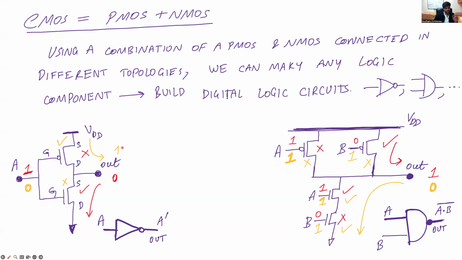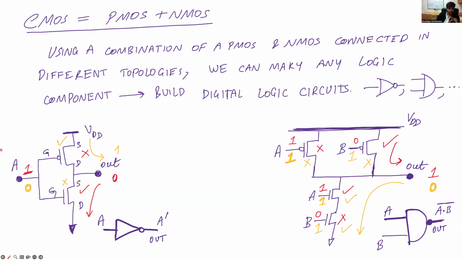For example, the red indicates a 1, a high input, and the 0 indicates a low input. Remember, these are digital circuits, and therefore the inputs and outputs are discretized. They can either have a state of 1 or a state of 0, which corresponds to the highest voltage and the lowest voltage.